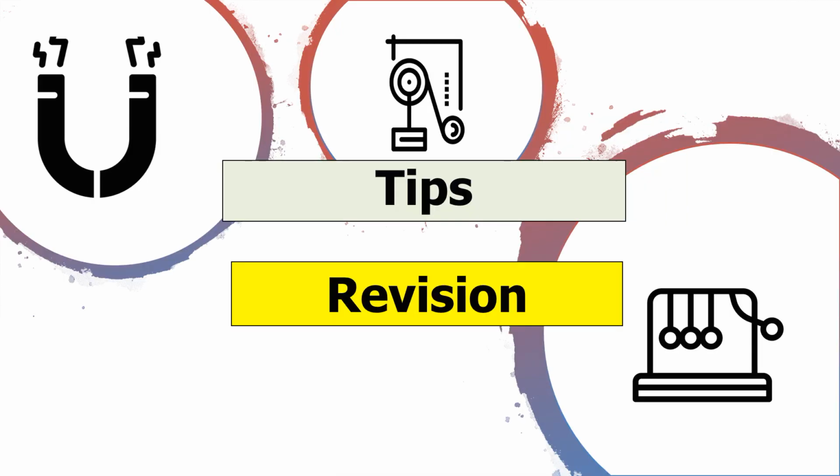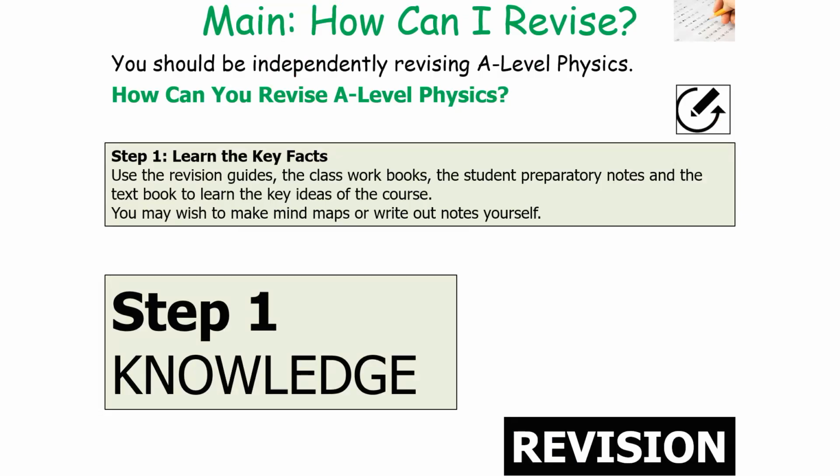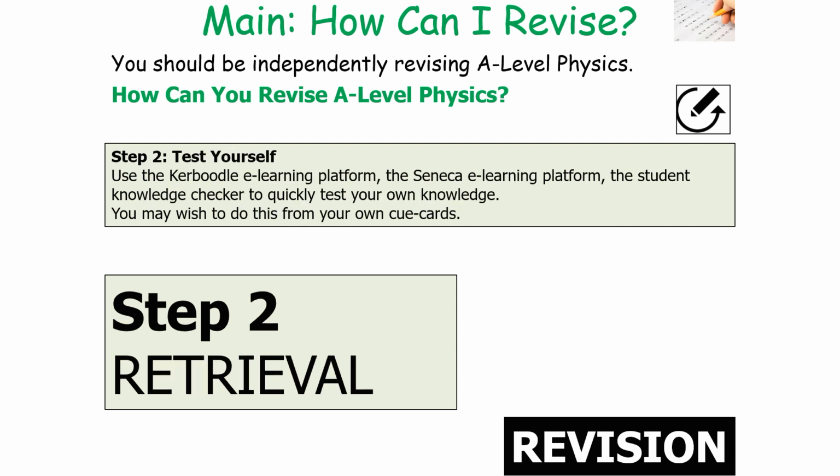So how should you be revising AQA A-level physics? The first step is learning the key facts. Use your revision guide, your class workbooks, your student prep notes, your textbook to learn the key ideas of the course. You may wish to make mind maps or notes to do this yourself. The second step is to test yourself. Use Caboodle, use Seneca, use knowledge checkers to quickly test your own knowledge, and you may wish to do this from your own cue cards.